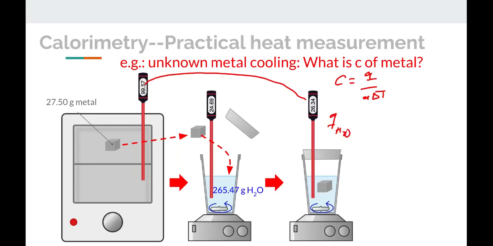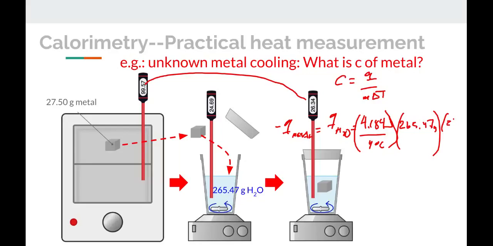Q for water, which is going to be equal in size, but opposite in sign, to the Q that flowed out of the metal, would be equal to the specific heat of water, which is 4.184 joules per gram per degree C, times the mass of water, which was 265.47 grams, times the temperature change of the water.